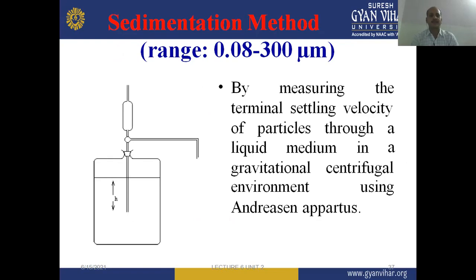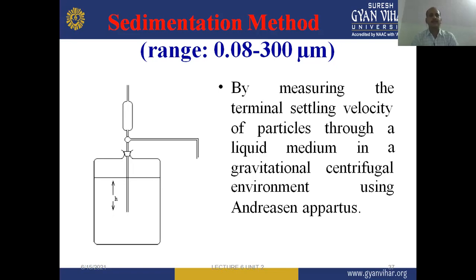The last method of particle size distribution, which is known as Coulter counter method, will also be discussed in detail. As we discussed, optical microscopy is a number distribution method or direct method. The second method was sieving method, which is known as weight distribution method, and it is also known as an indirect method.